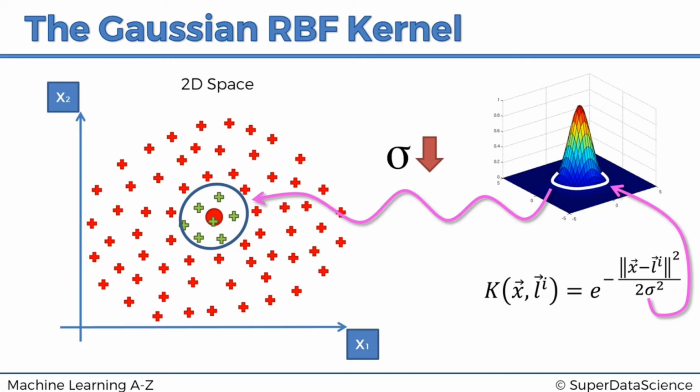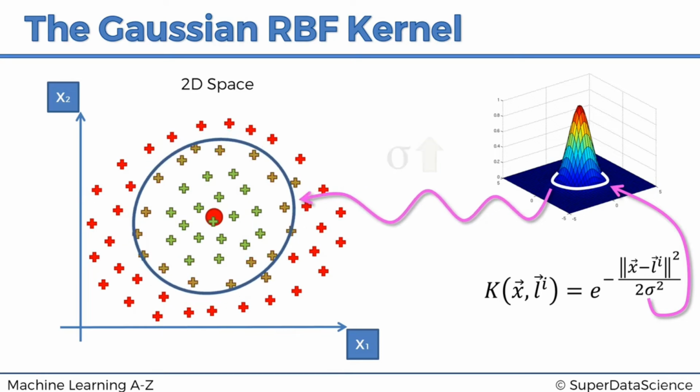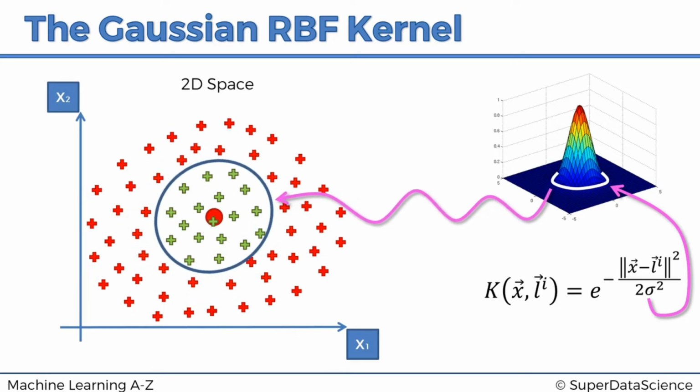We have created a decision boundary without actually going into a higher dimensional space, without having to create a mapping function that's going to take us to the higher dimensional space and do all the computation. The point is, we're not doing the computations in the higher dimensional space. We're still doing the computations in the lower dimensional space.